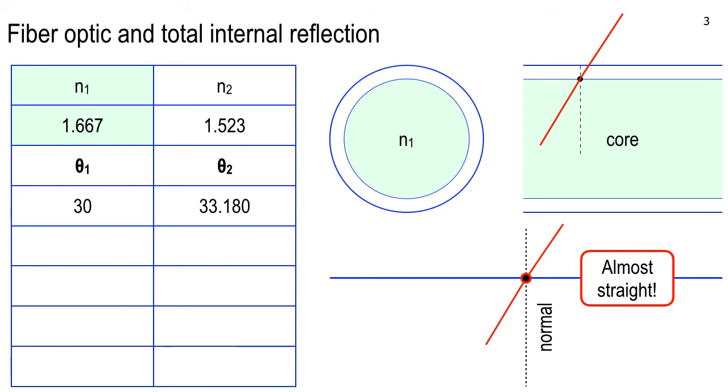We're going to do a clicker question relative to this. And then after the clicker question, we're going to build the rest of this table. This is the first row in this table. 30 and 33.180. Now, a question.